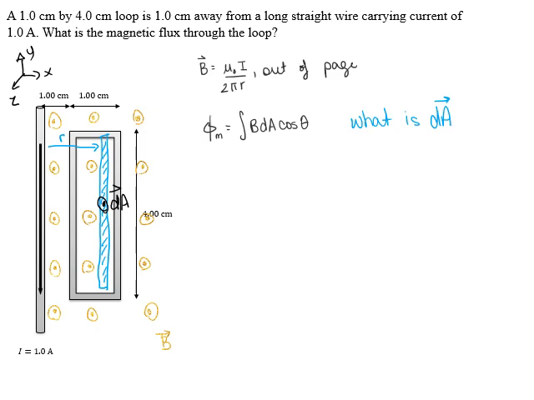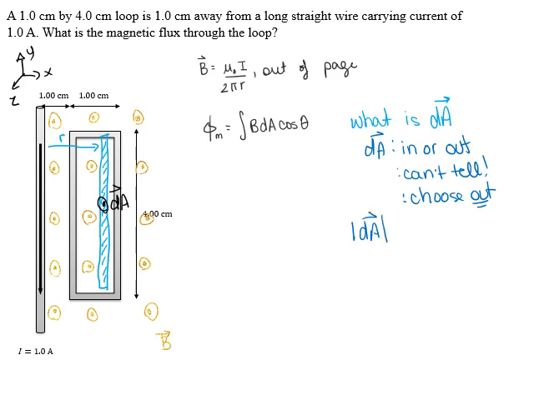Why don't we get some of these notes down? So dA is either in or out. I'm going to choose arbitrarily because we can't tell which way. So I just choose out because I had to pick. The magnitude of dA, well, it's just a rectangle, so it's length times width.